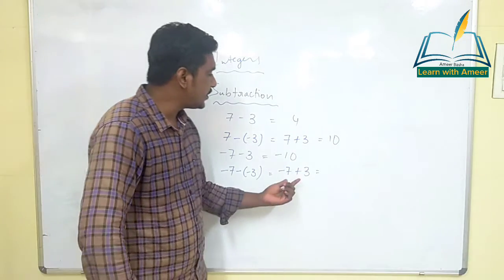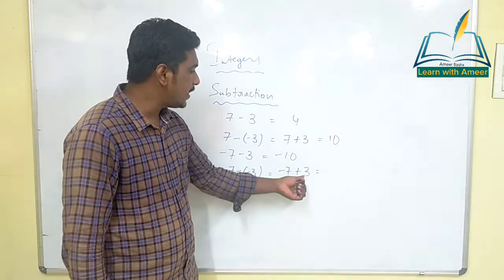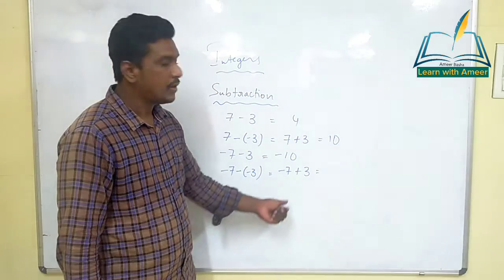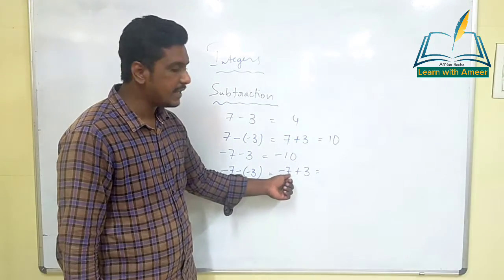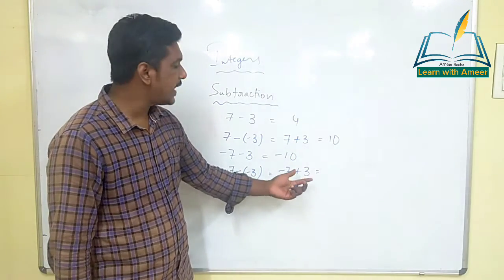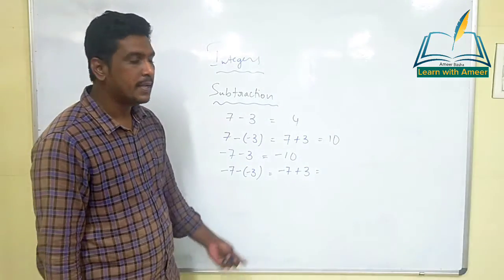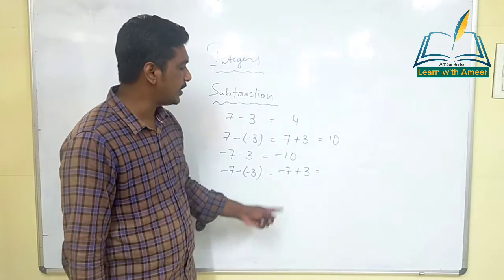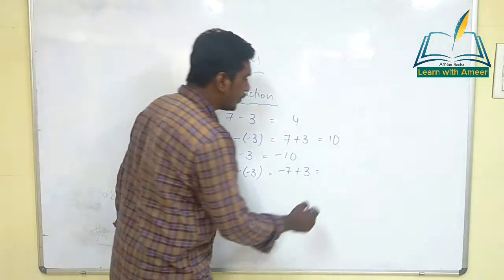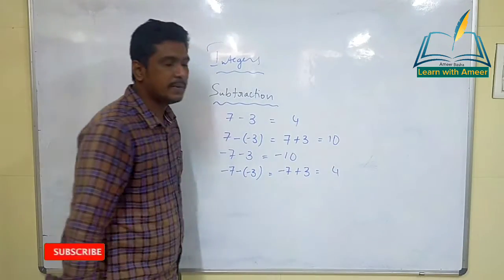Now if you observe here, children, what do we have? Two different sign numbers. Here we have minus and here we have plus. Then in that case, what do we have to do? We have to perform subtraction. 7 minus 3 will be 4.